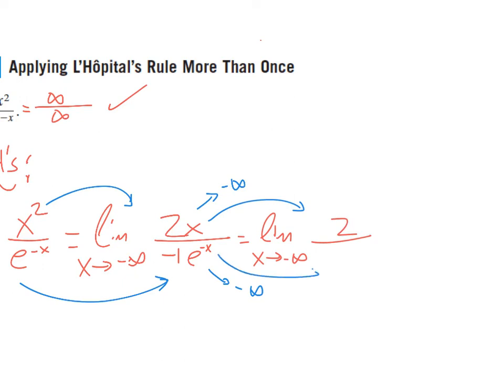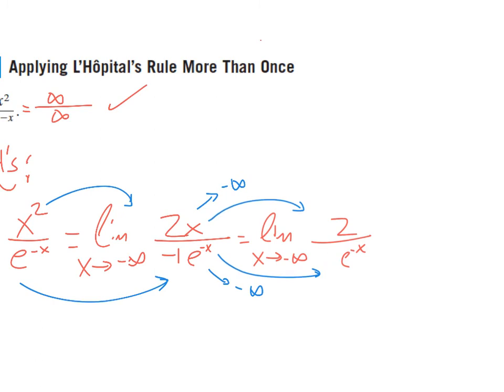Derivative of the bottom, and little chain rule again. Derivative of the inside is negative 1 times the negative 1 we already had, there was 1 times e to the negative x. We obviously don't need the 1 there, but okay. So we have 2 over e to the negative x.